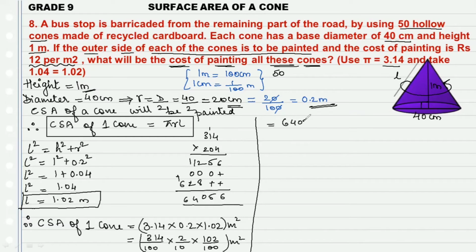I've just multiplied the numerators, upon 100 into 100 multiplied by 10, that will be 5 zeros. So now the answer in decimal will be 0.64056 meter square. This is the curved surface area of one cone.